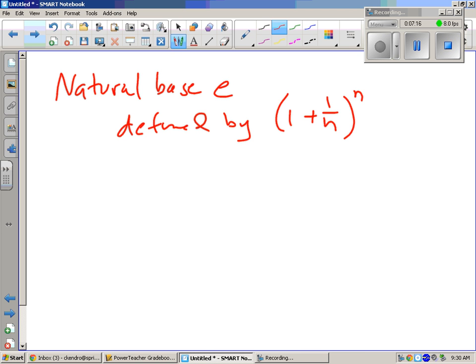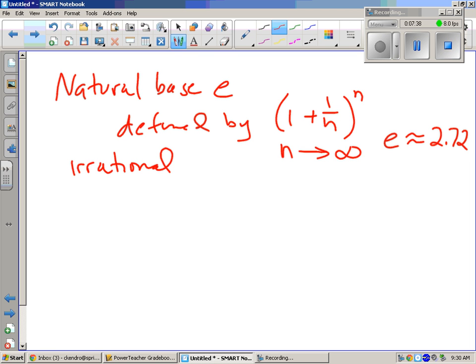That produces the number e. And as n approaches very large numbers, or infinity, e is approximately equal to 2.72. It's a long decimal that never ends because it's an irrational number.